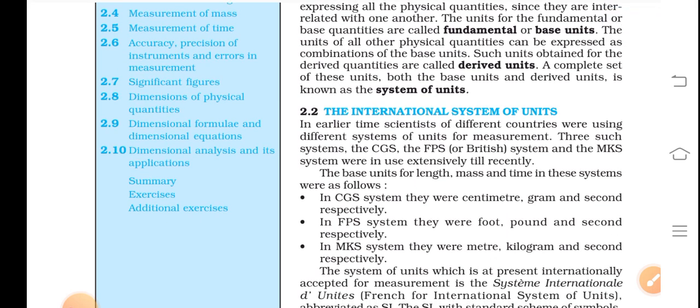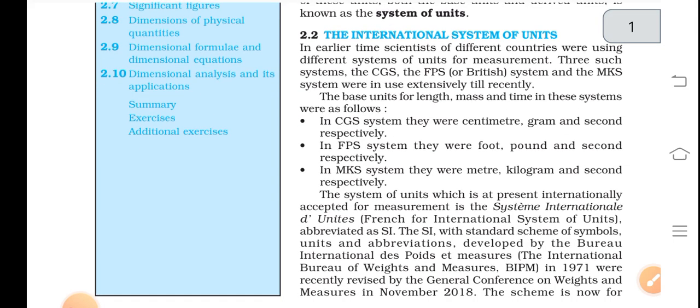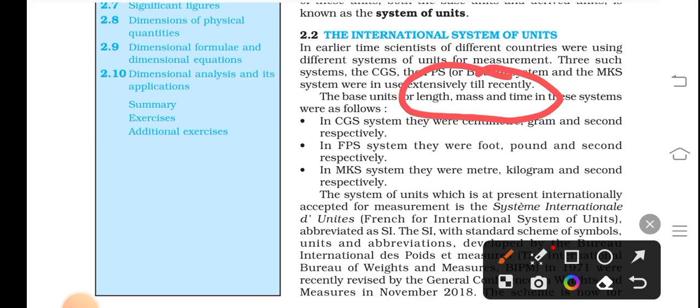In earlier times, scientists of different countries used different systems of units for measurement. Three such systems are CGS, FPS, MKS. In these systems the base units we mostly use are length, mass, time. These are fundamental only.